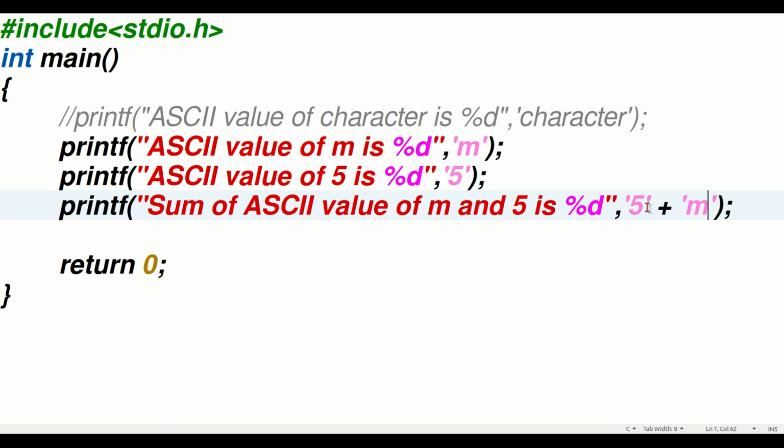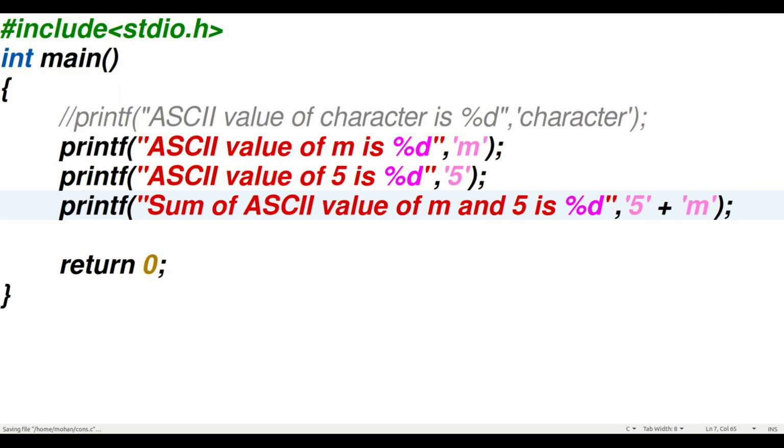So look, this single character constant 5 will be replaced by its ASCII value, and this single character constant m is also going to be replaced by its ASCII value, and both of them will be added and it will be displayed over here instead of %d. So let's save it.